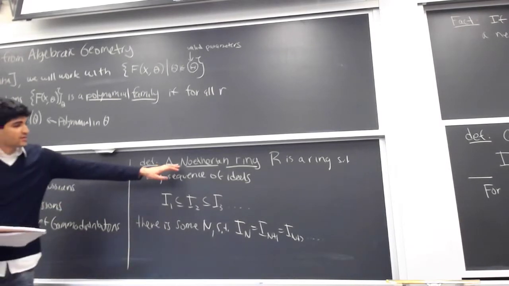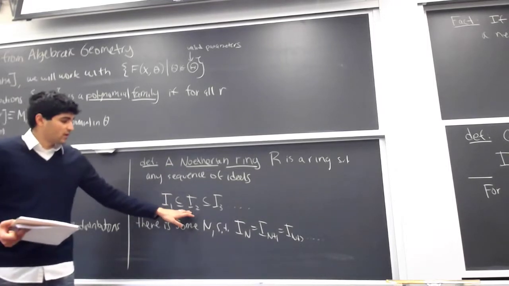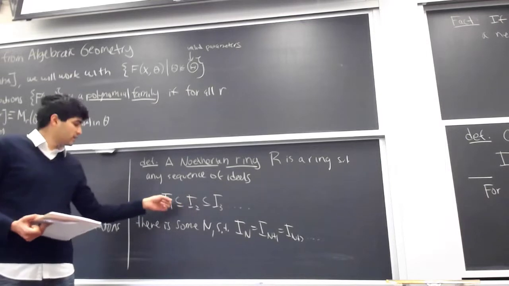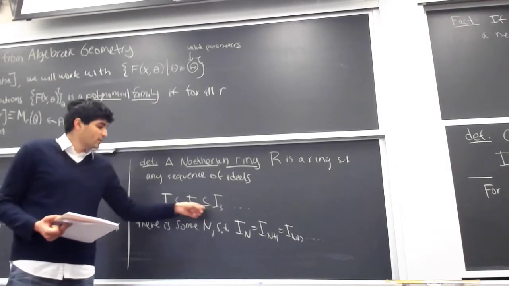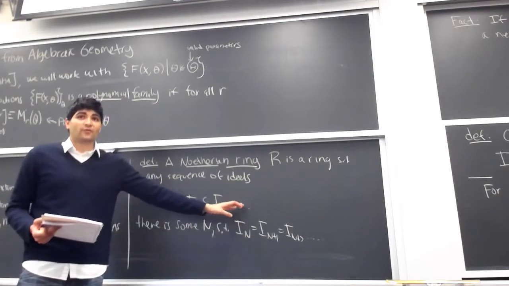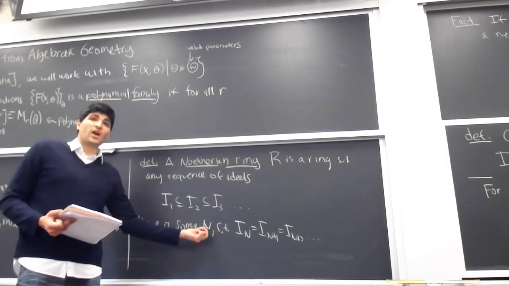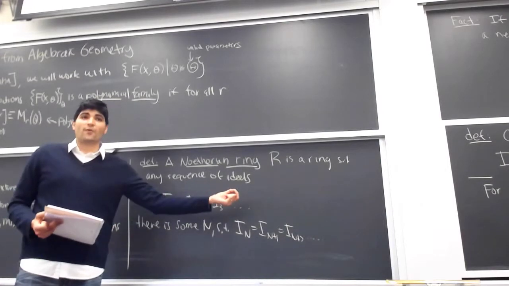So we'll be interested in rings that have this property, that you can't keep adding to your ideal in a non-trivial way. You can't have I2 strictly larger than I1 and I3 strictly larger than I2, and so on forever. In any chain of ideals there has to be some finite n, after which the ideals stop growing.